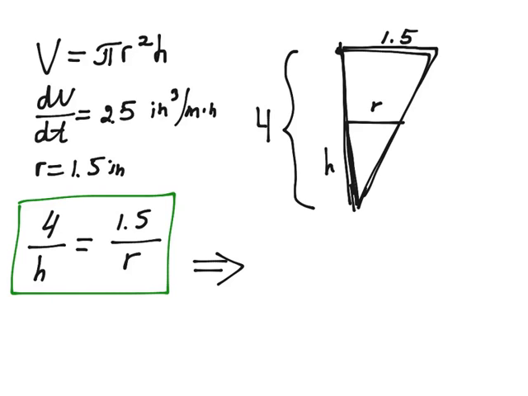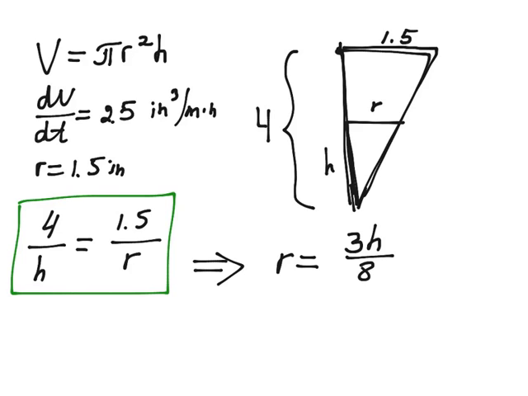So you use this proportion to express the radius. If you express 1.5 as 3/2, that would be cleaner, and your equation would look like this: 3h over 8. Try it out on a piece of paper, you'll see. r equals 3h over 8.